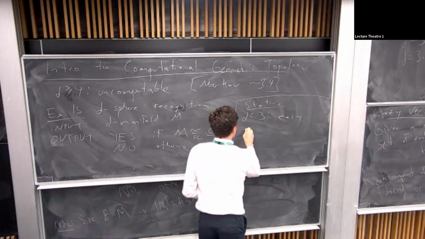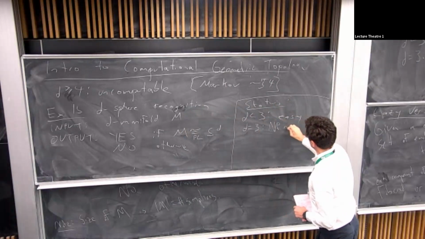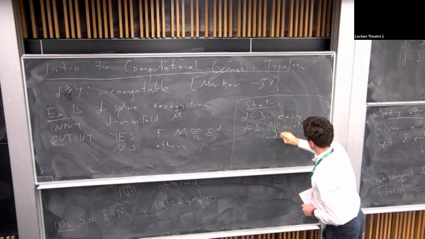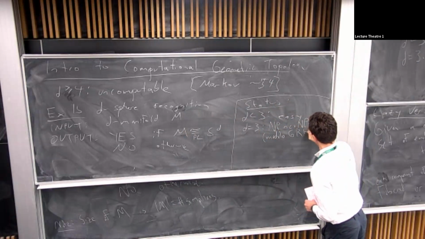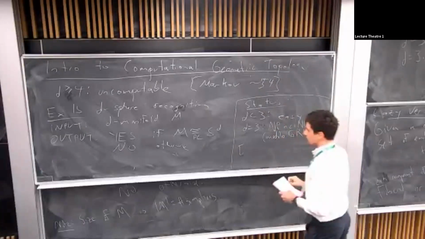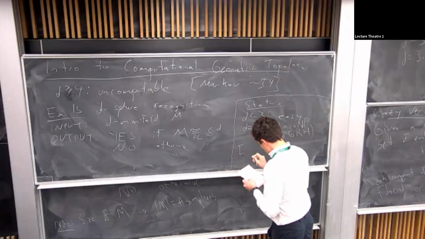When D is equal to 3, what's known is that this is in NP intersect co-NP, modulo the generalized Riemann hypothesis. So there's kind of two theorems here, really. This is due to, well, who would it be?